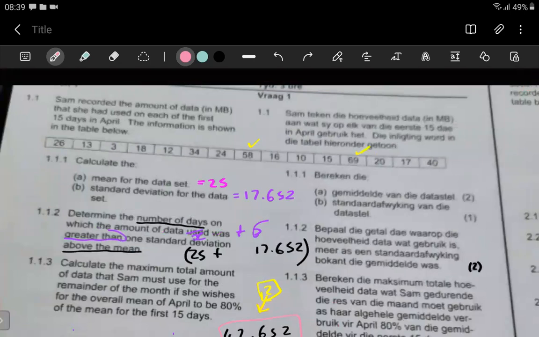This is the first 15 days, right? And then they said the remainder of the month. She wants her overall mean to be 80% of 25. So you work out 80% of 25 to get an answer.